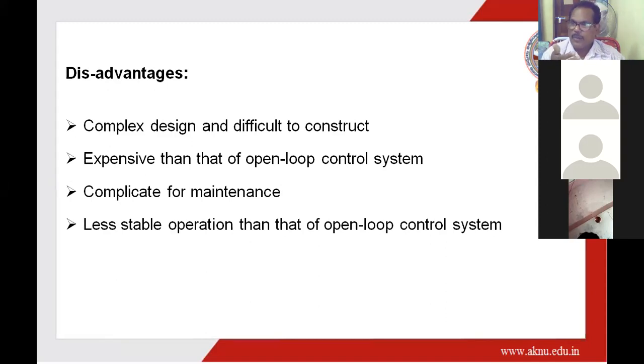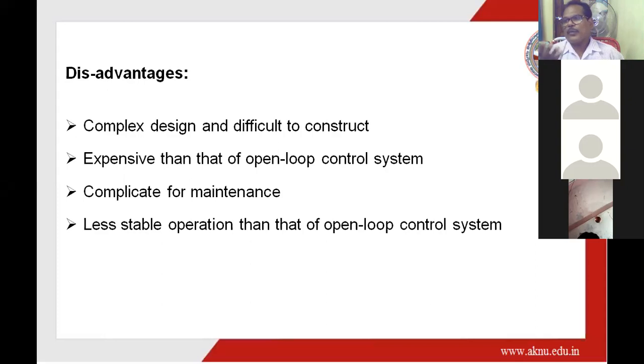Here we add additional components in terms of feedback, so the system becomes complex and difficult to construct. At the same time, if you increase the number of elements in the system, the cost is also increased. So compared to the open loop system, the closed loop system is more expensive, complicated for maintenance, and has less stable operation than the open loop system.